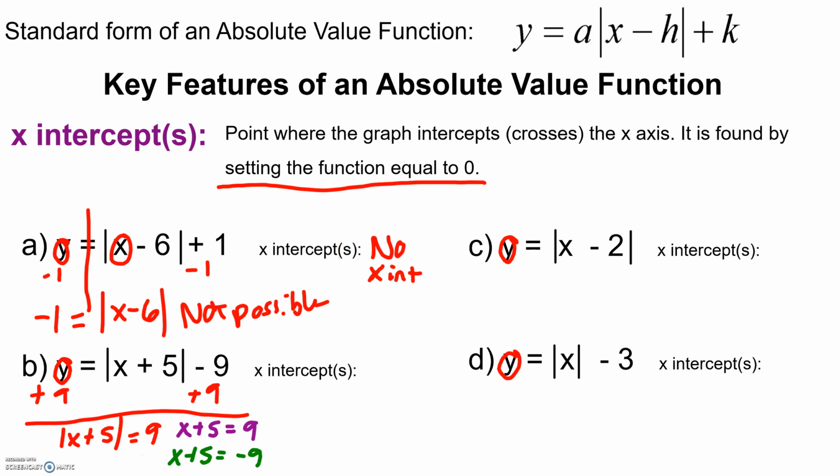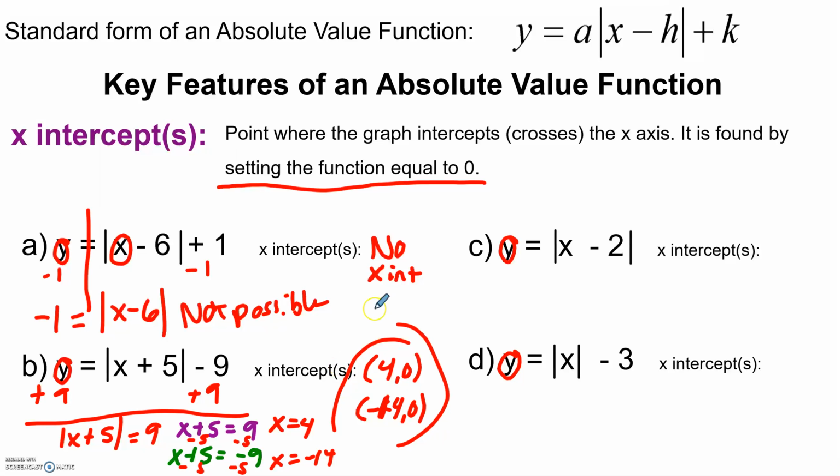To solve both of these, I would subtract 5. But I'm going to get a different answer because my 9's are different. On the first one, 9 minus 5 is 4, so that's going to be the point (4, 0). And on the second one, -9 minus 5 is actually -14. So I'm also going to have an x-intercept at (-14, 0). And so those are my x-intercepts for part B.